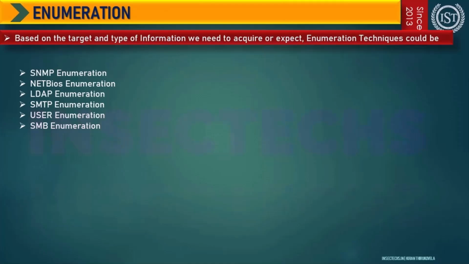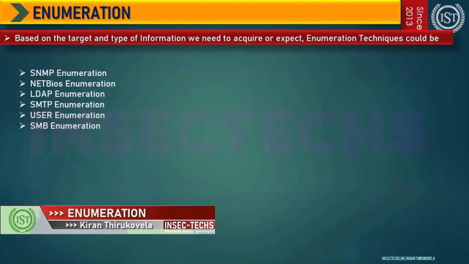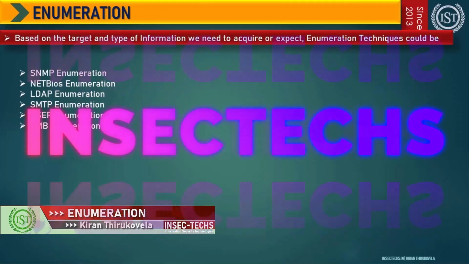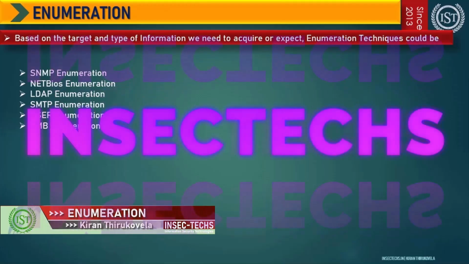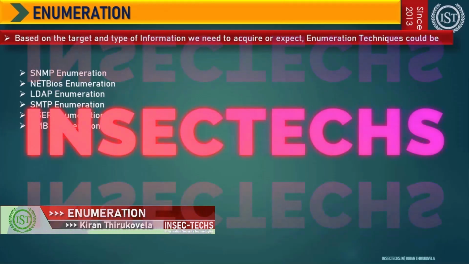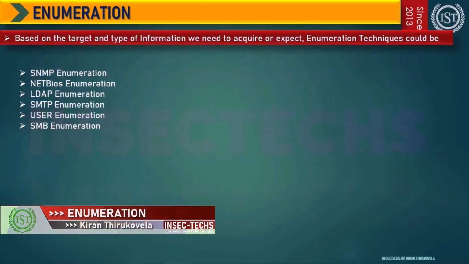Here we will try to identify the valid email addresses associated with that particular domain or organization, and attackers or security professionals will use this technique to collect email addresses for the purpose of phishing, social engineering and so on. As a penetration tester, we will perform SMTP enumeration by sending SMTP commands.